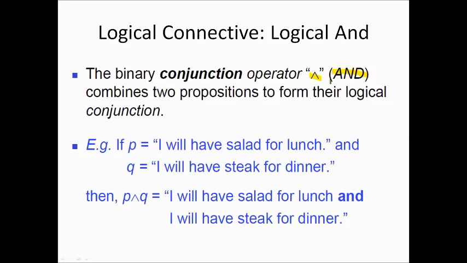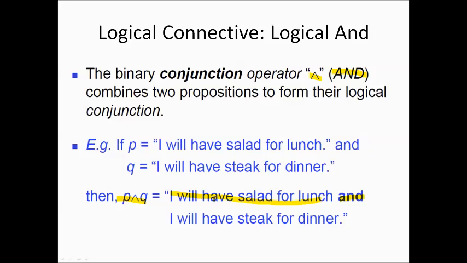Now, I want you to form the logical and using this symbol: P and Q, or P logical and Q, or the conjunction of P and Q. To join the two propositions, I will write the first statement of P: I will have salad for lunch. And again, what is my conjunction? The word and.